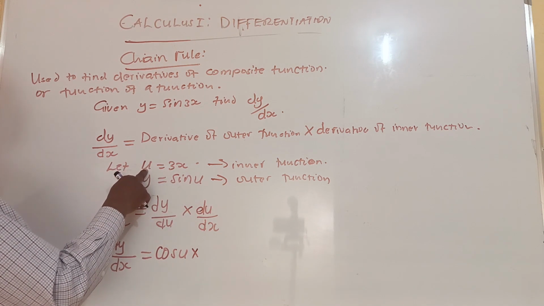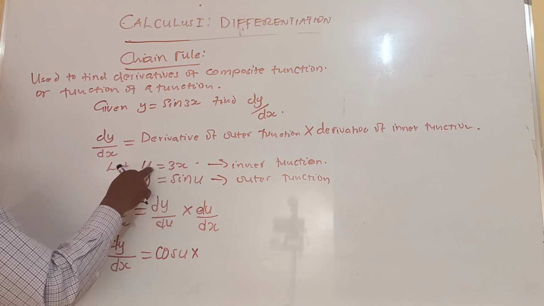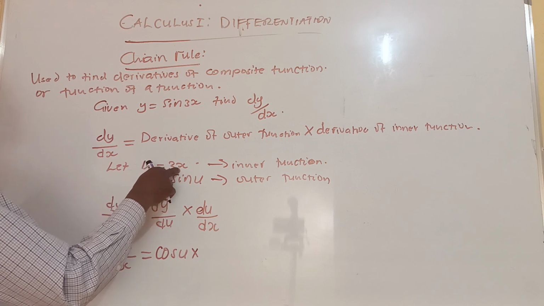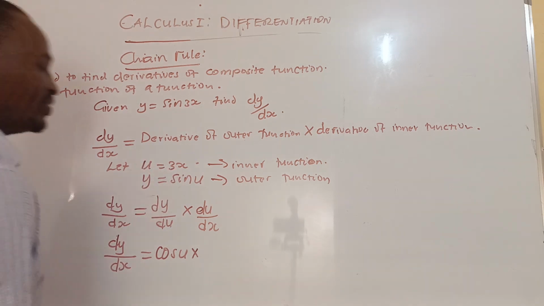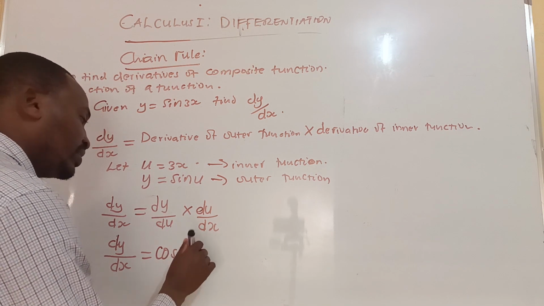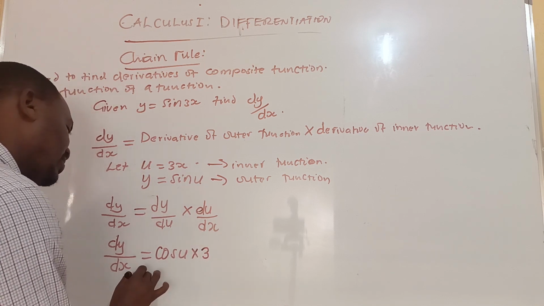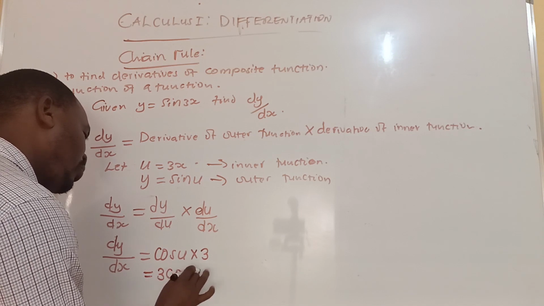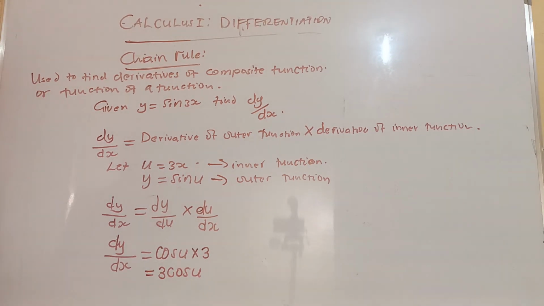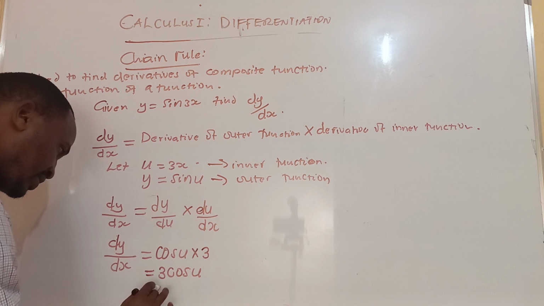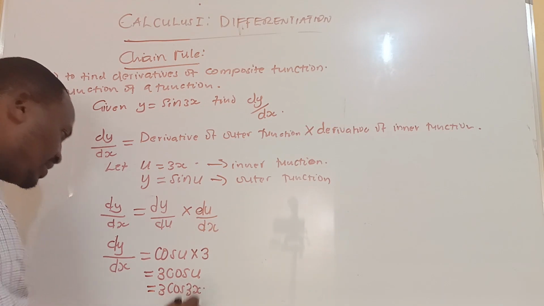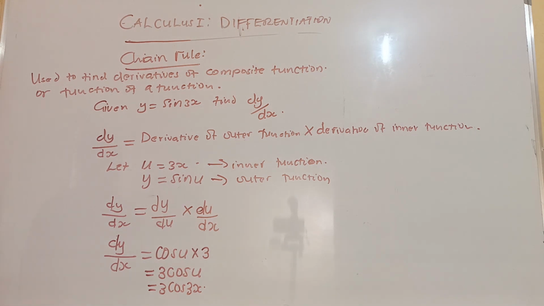You take u and differentiate it with respect to x. To differentiate 3x with respect to x, you get 3. So now the actual derivative is 3 cosine of u. But what is u? u is 3x. So you have 3 cosine of 3x.